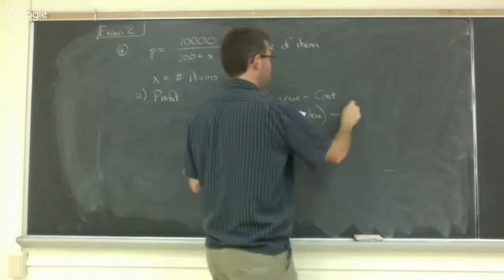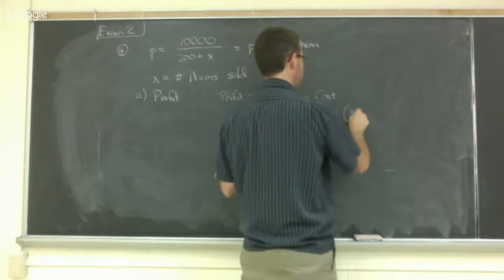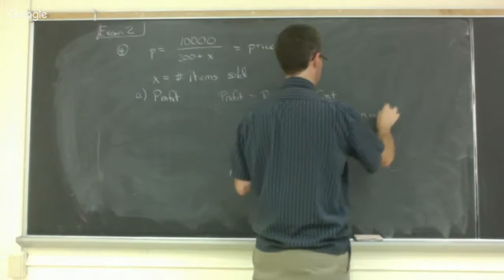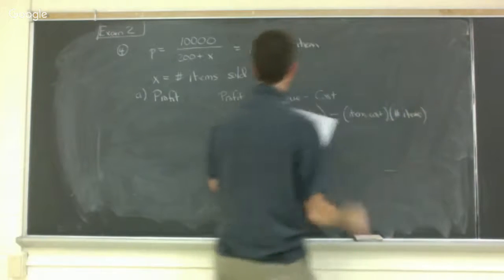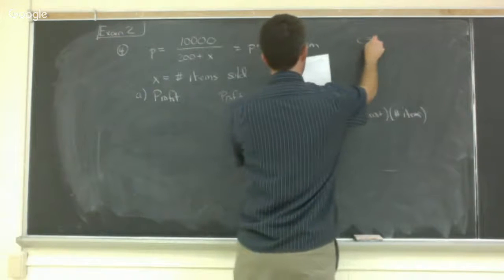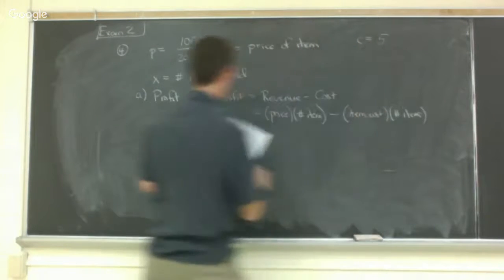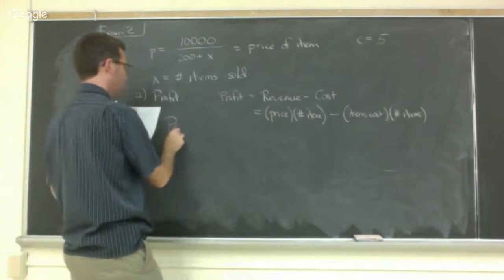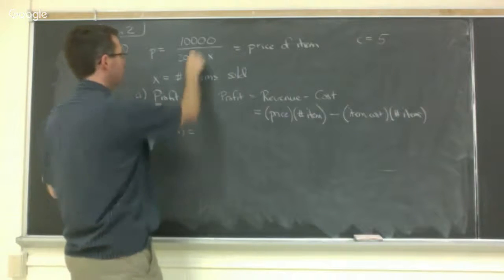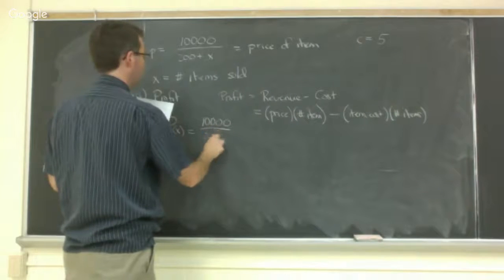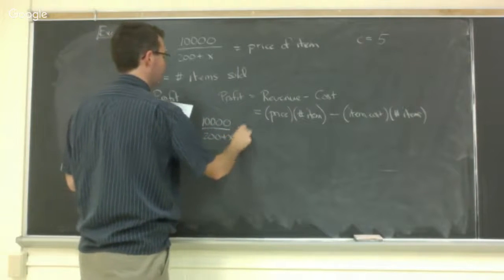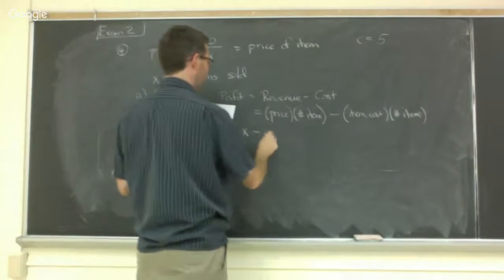And our cost is going to be our item cost times the number of items. Let's see, there's that one more piece. Our cost per item was $5. So our profit is going to be this formula, 10,000 over 200 plus x times x, minus 5 times x.